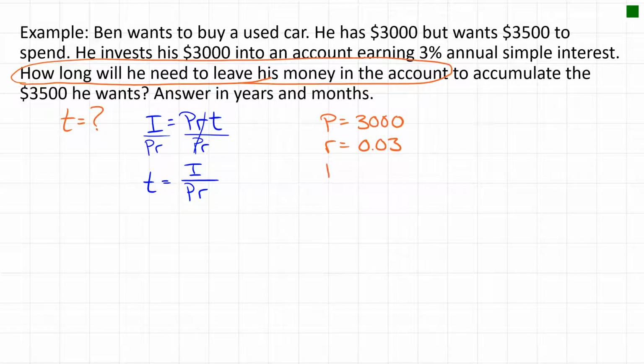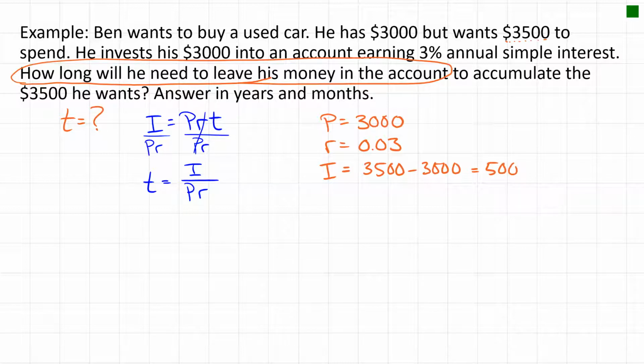But the interest, to get that, we need to consider a couple of values. We know that he wants a total of $3,500, which means the interest he needs to earn is just $500. It's the difference between $3,500, take away his initial investment. So he needs to earn $500 in interest.